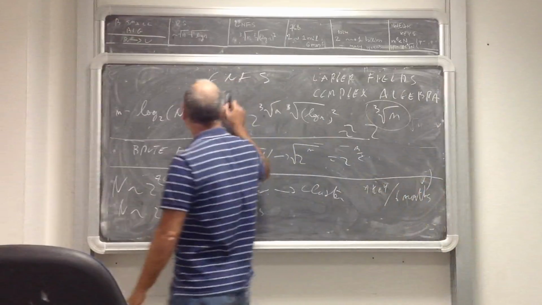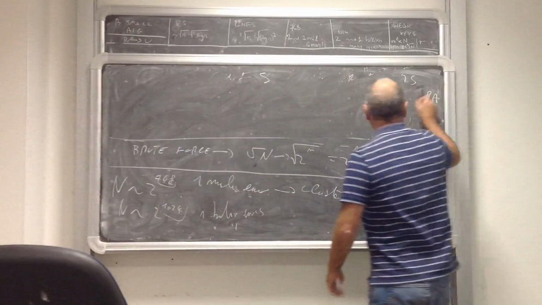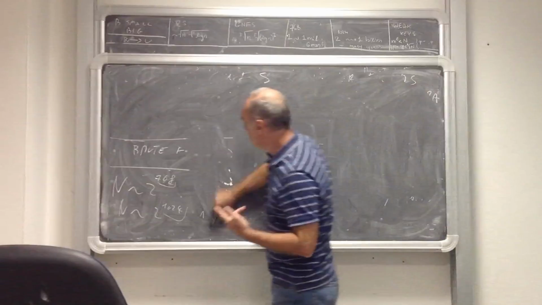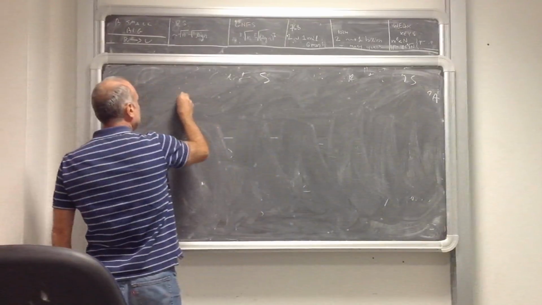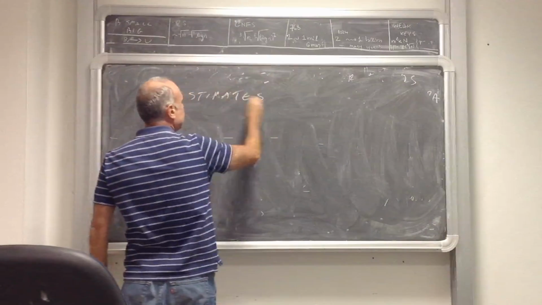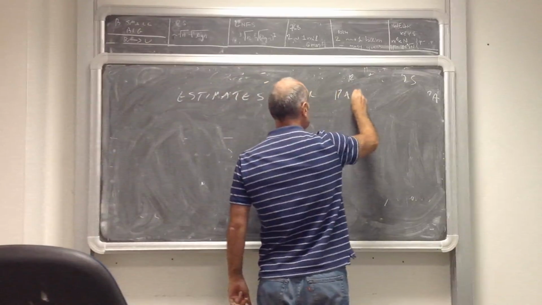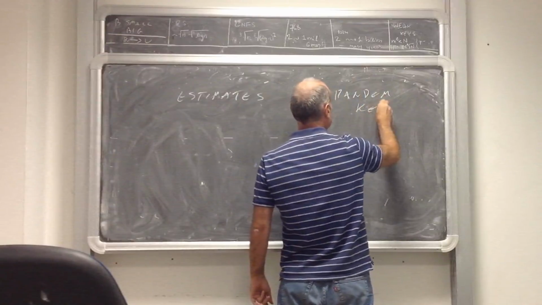However, everything that I said until now, the complexity estimates, are for the generic case. The estimates of the complexity are for random keys.